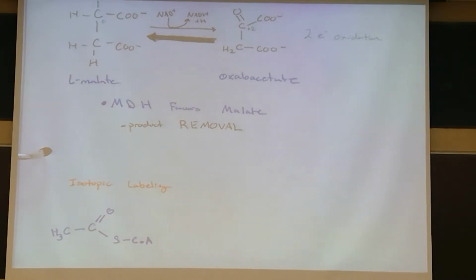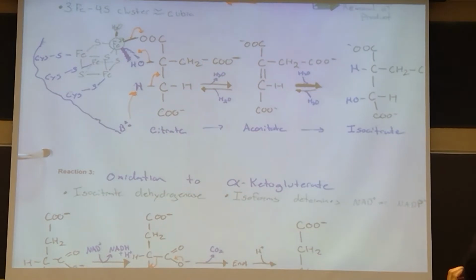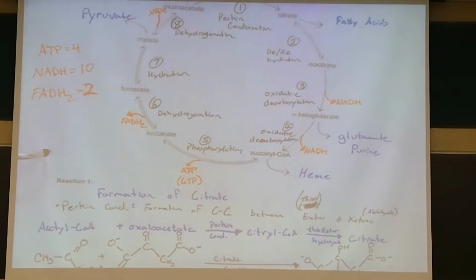Okay, so let's say we are going to radioactively label this carbon with a different isotope, and then we'll be able to track it. So if we go all the way back to step 1, we radioactively label acetyl CoA.